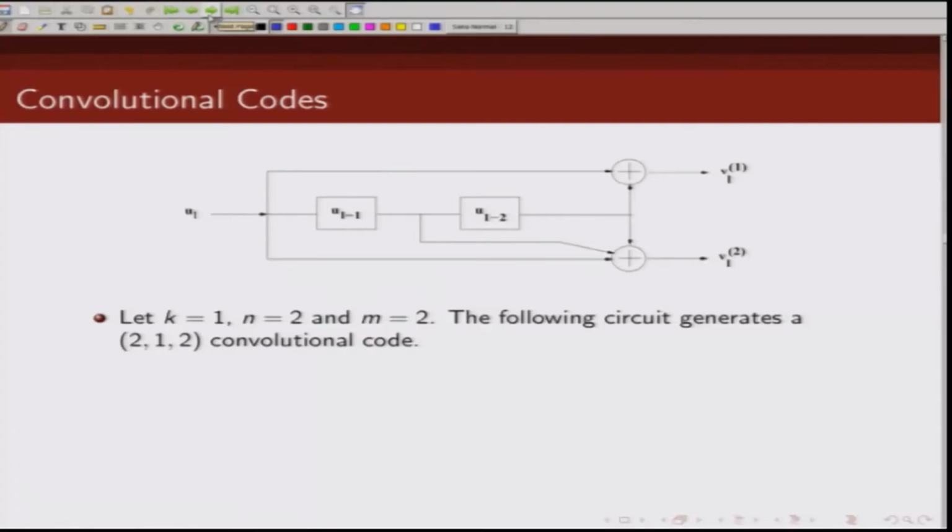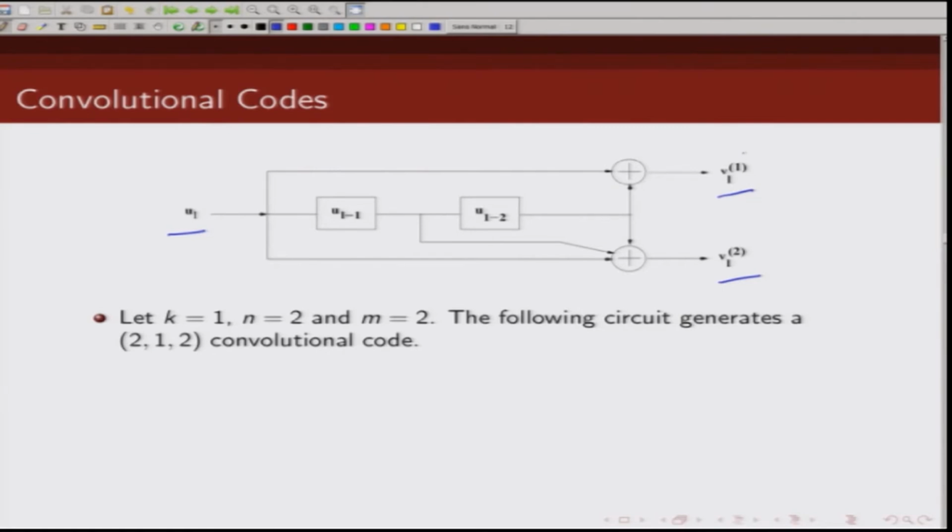So, let us take an example now of a convolutional code. So, here we have one input and two outputs. The input we are denoting by u(l), output we are denoting by v(l)1, v(l)2. Now, note here, each of the outputs here not only depends on the current input, which is u(l), but it also depends on these past values. It also depends on what u(l-1) was, what u(l-2) was. So, this is an example of memory order 2.